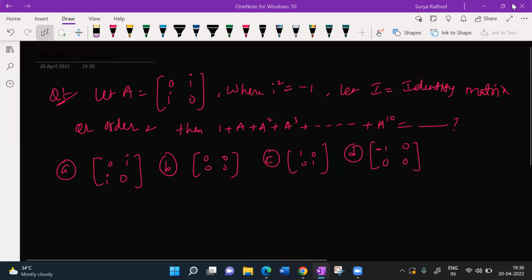Guys, please do solve this quick. Any idea, guys?